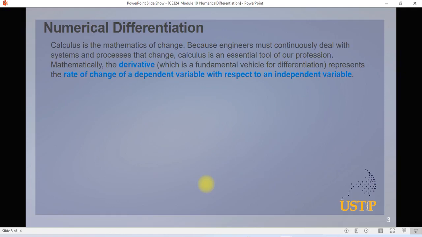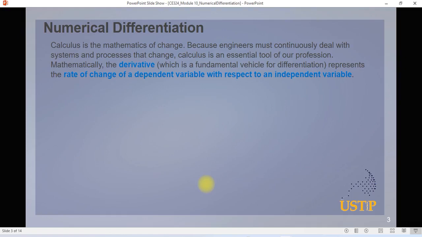The derivative is the limit of the change of y over the change of x as the change of x approaches 0, which is the analytical equivalent of differentiation.